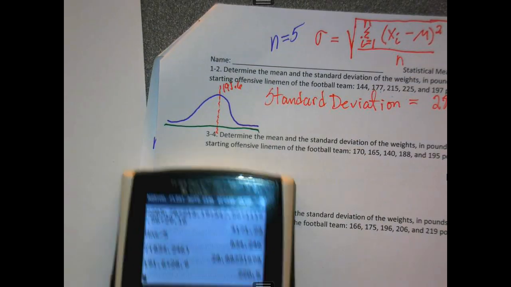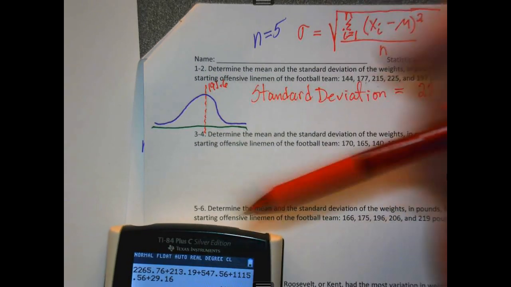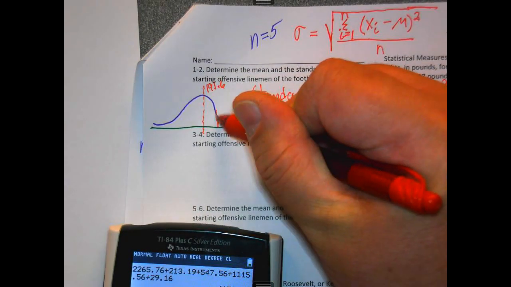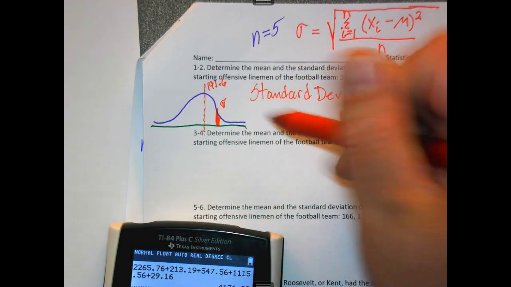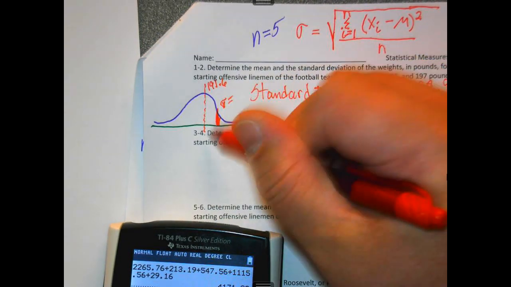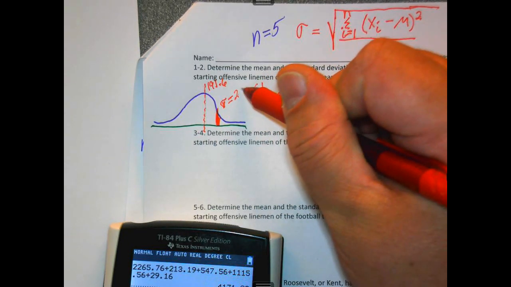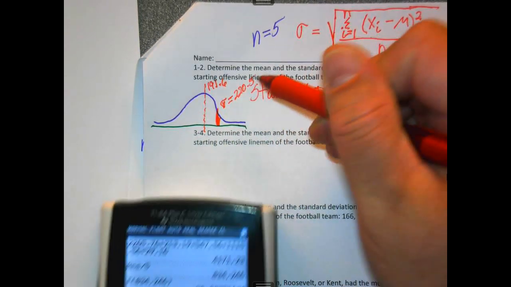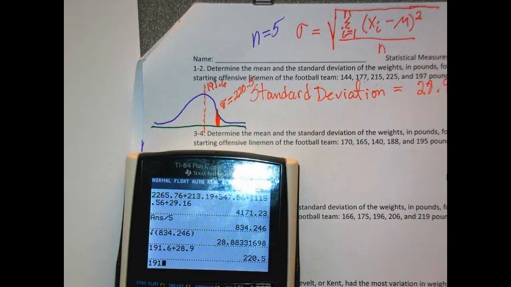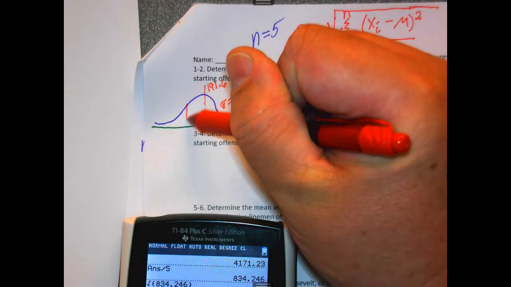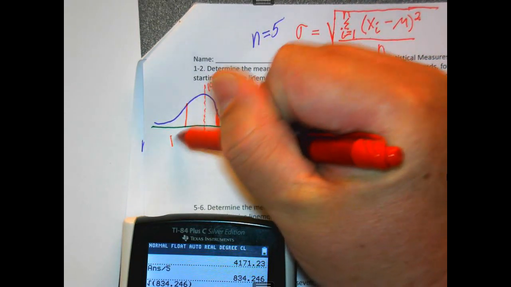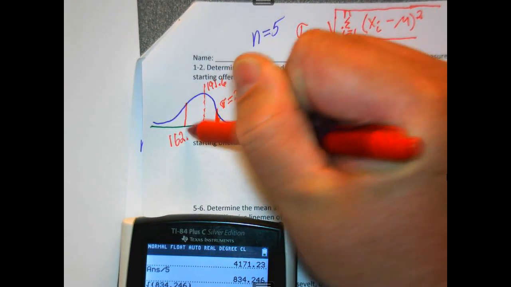That means from a standard deviation of 1, that's going to equal 220.5. And then going the other way, one standard deviation going towards the negative side is going to be 162.7.